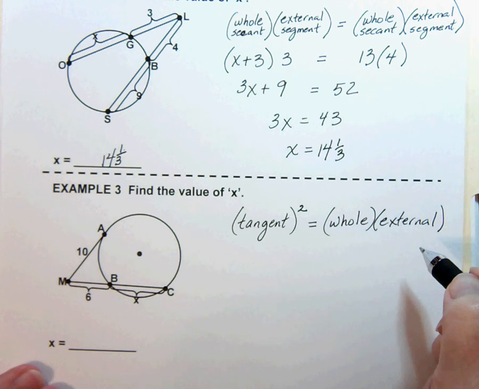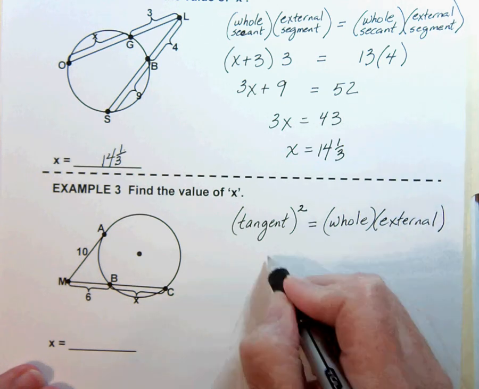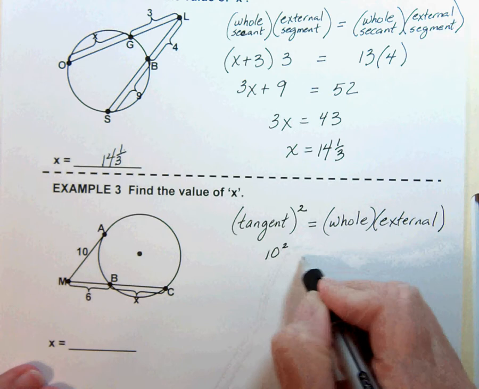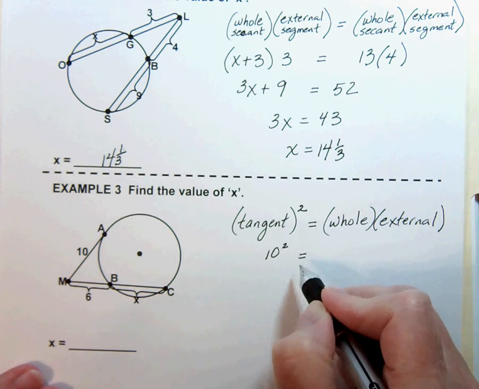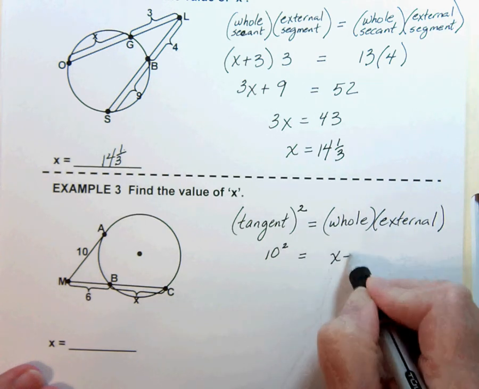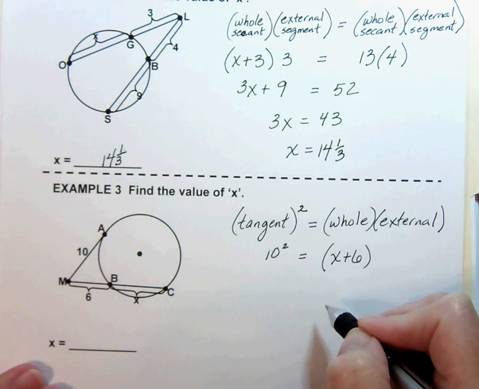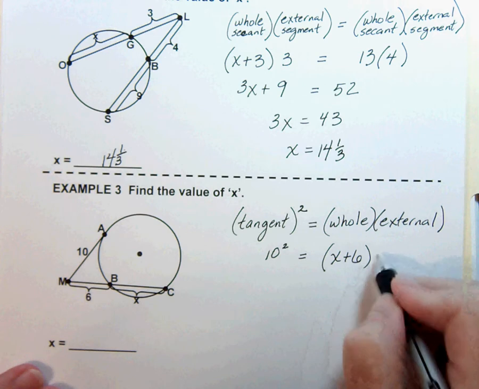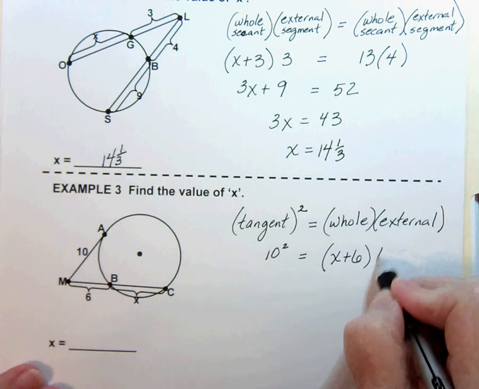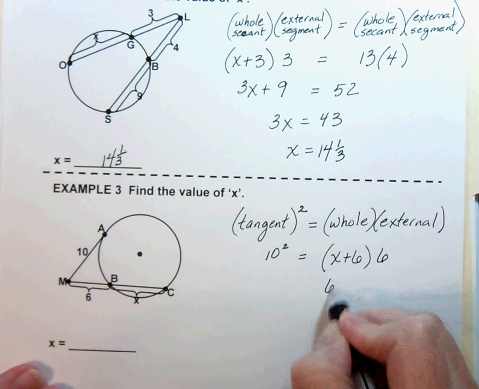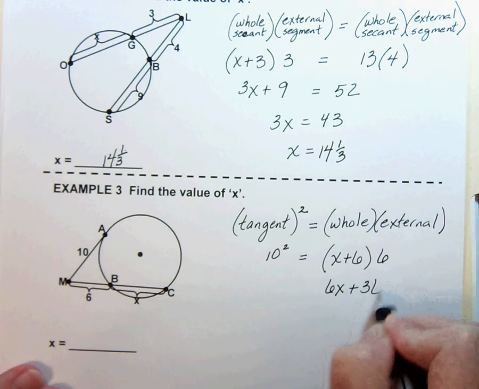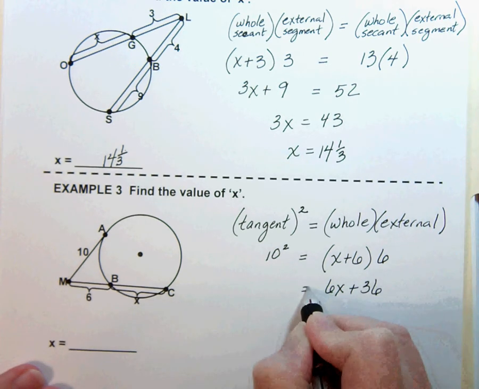So on this one it's AM, and AM is 10, so that's what you're going to square. The whole secant means you're going to put the 6 and the x together. Make sure anytime you write your whole thing and you're adding a variable, put it in parentheses. The external part of your secant is 6. Distributing your 6 gives you 6x plus 36.